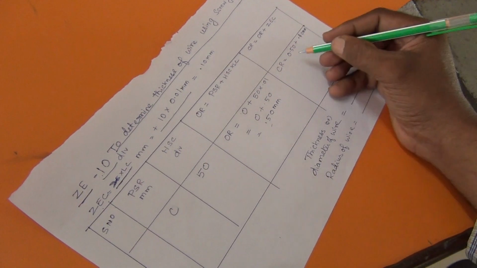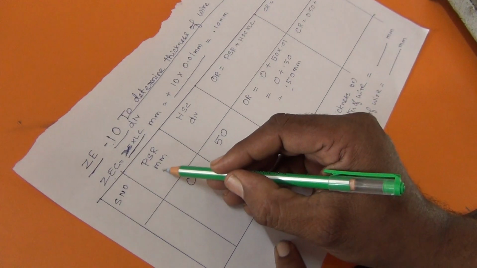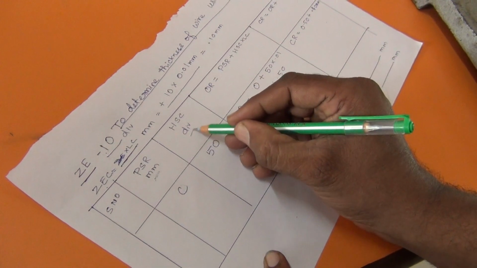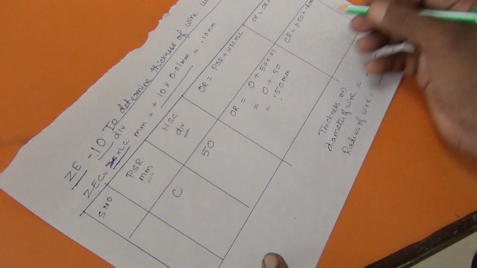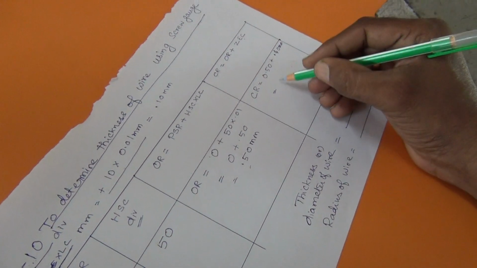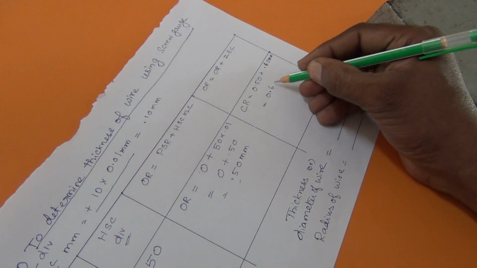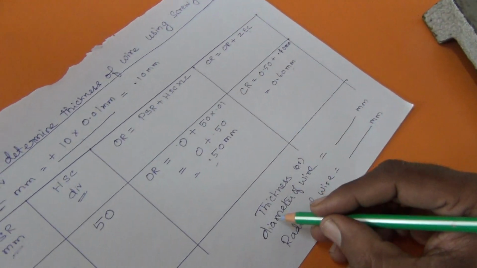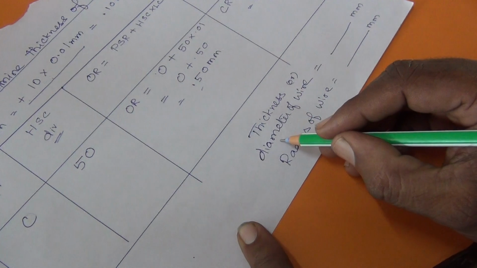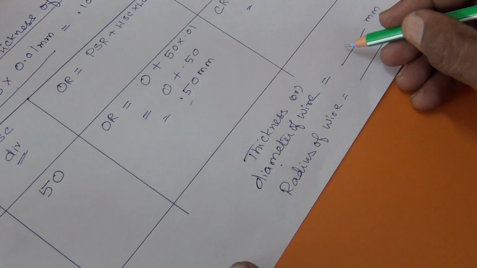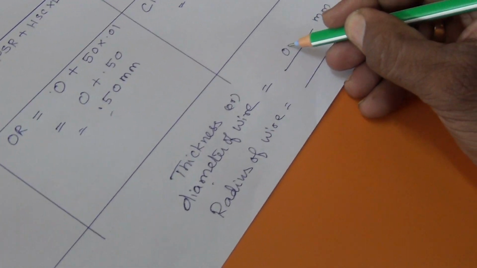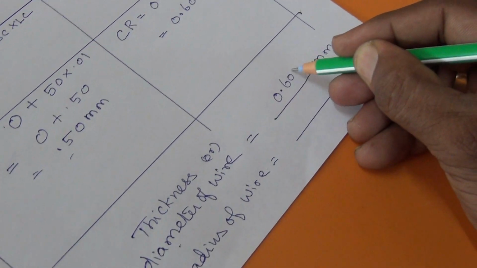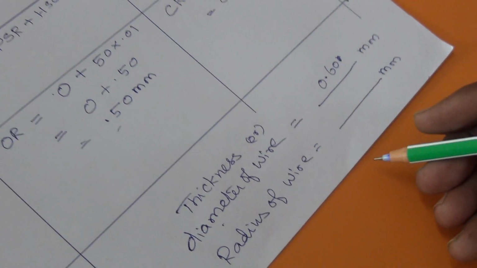This is in millimeter. If you see, the pitch scale is in millimeter, and the head scale is in divisions. Here the value will become 0.60 millimeter. This is the thickness of the wire, or the diameter of the wire. So the diameter of the wire is found to be 0.60 millimeter.